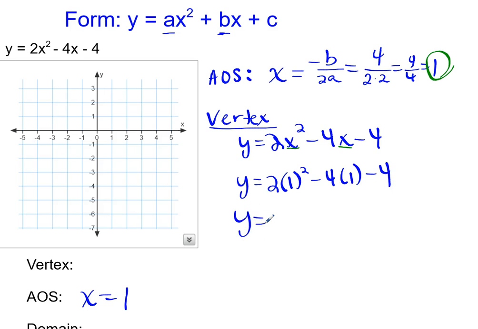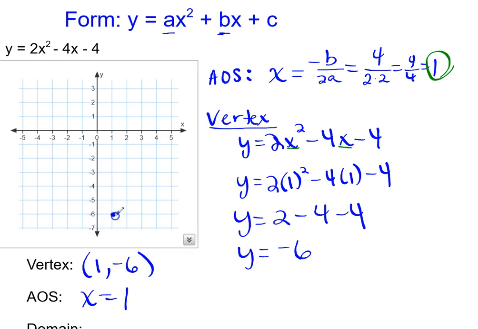Remember, you do exponents before you multiply, so 1 squared is 1 times 2 is 2 minus 4 minus 4. So 2 minus 4 is negative 2 minus 4 is negative 6. So the y value of the vertex is negative 6. So our vertex for this parabola is at 1 comma negative 6.